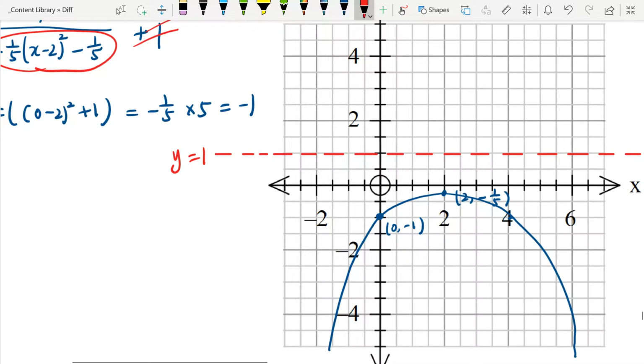So where is your turning point? 2, -5 is the original one, and then you +1. -5 is original, +1, -4. Yes, 2, -4 will be the new turning point, but it's a minimum turning point.